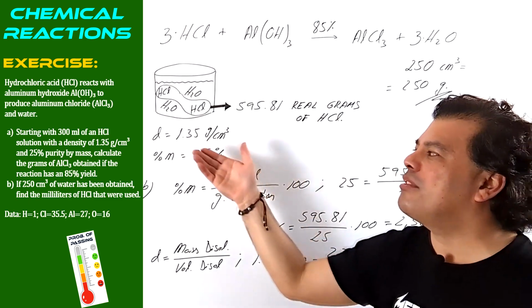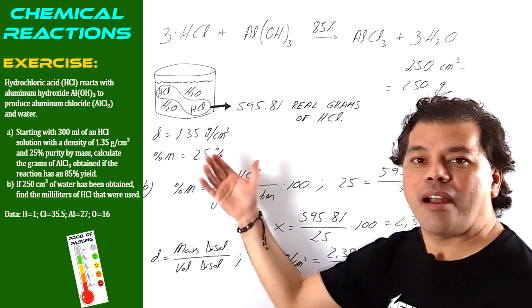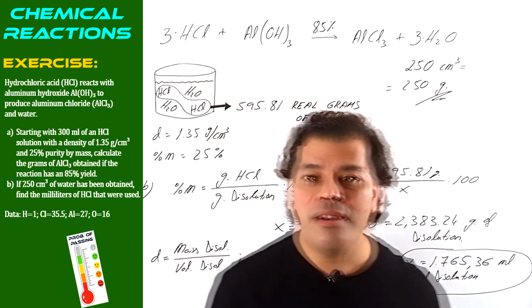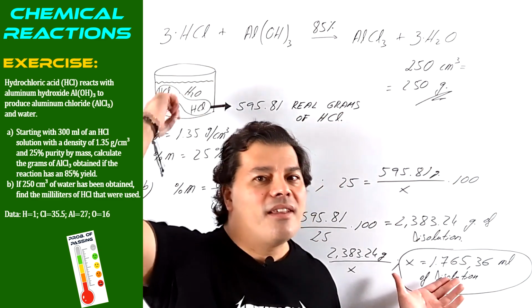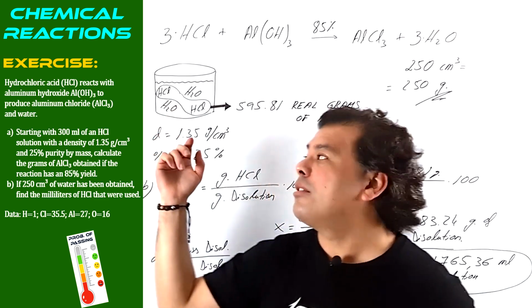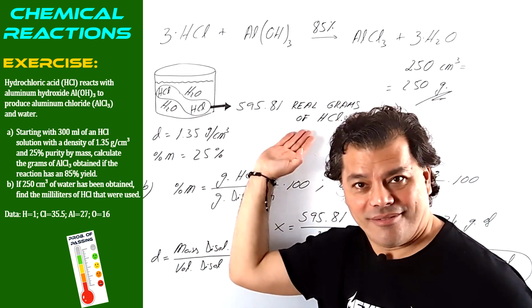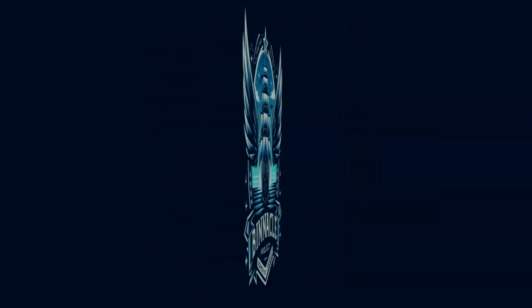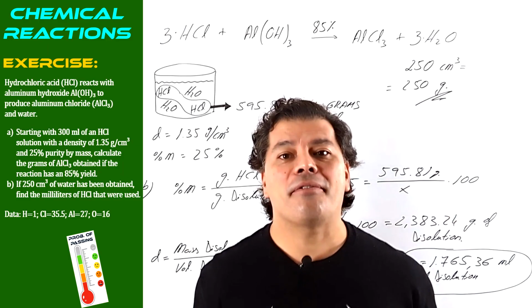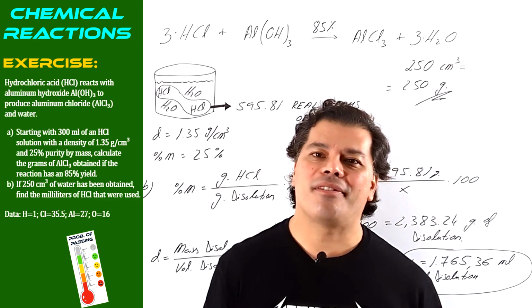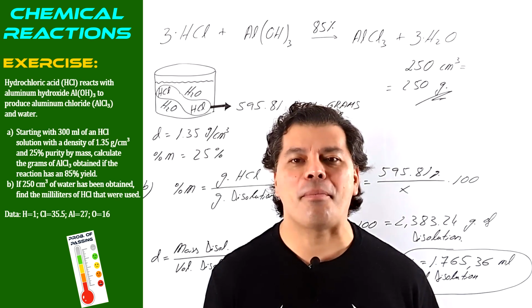And finally, we used this data in order to calculate the volume, the milliliters of this solution that we need to use in order to have this amount of real grams of hydrochloric acid. So, if you've understood every step we've gone through in this problem, I think that you're already mastering stoichiometry.